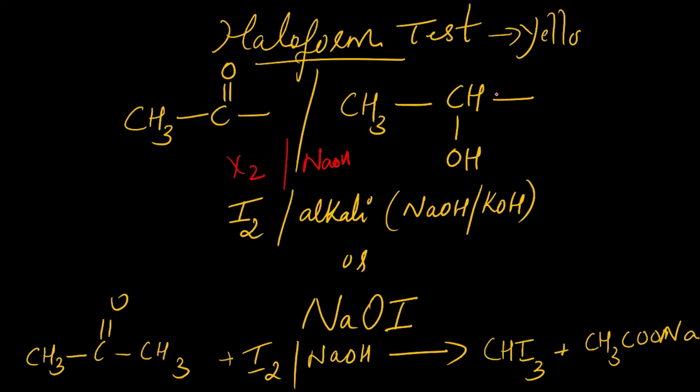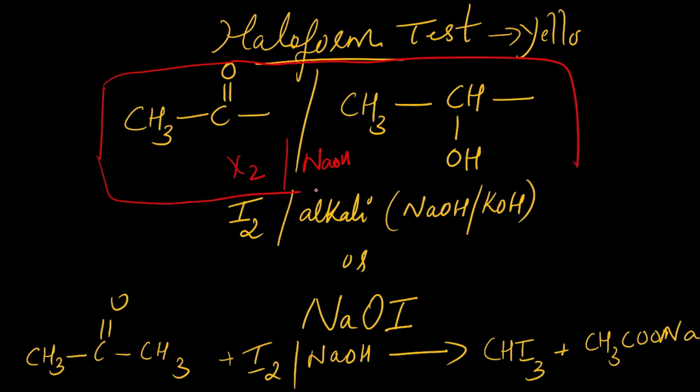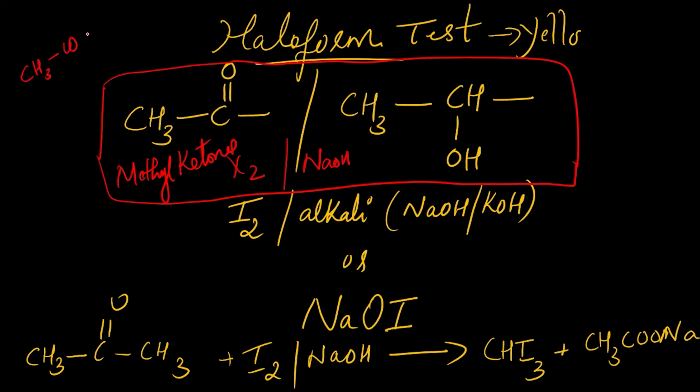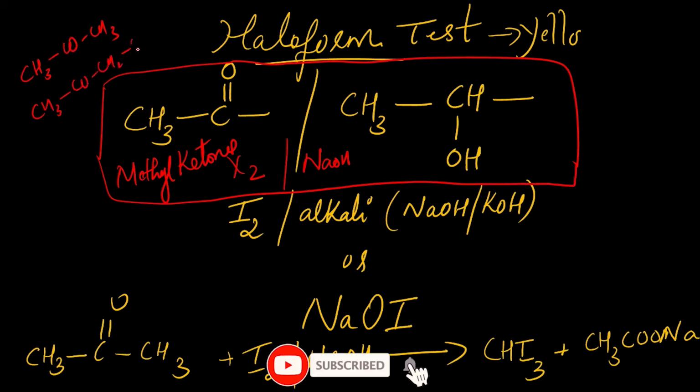In this reaction, two important groups should be present so that the compound can undergo the haloform test. The first one is the CH3CO group, that is, methyl ketones, like CH3COCH3 and CH3COCH2CH3.